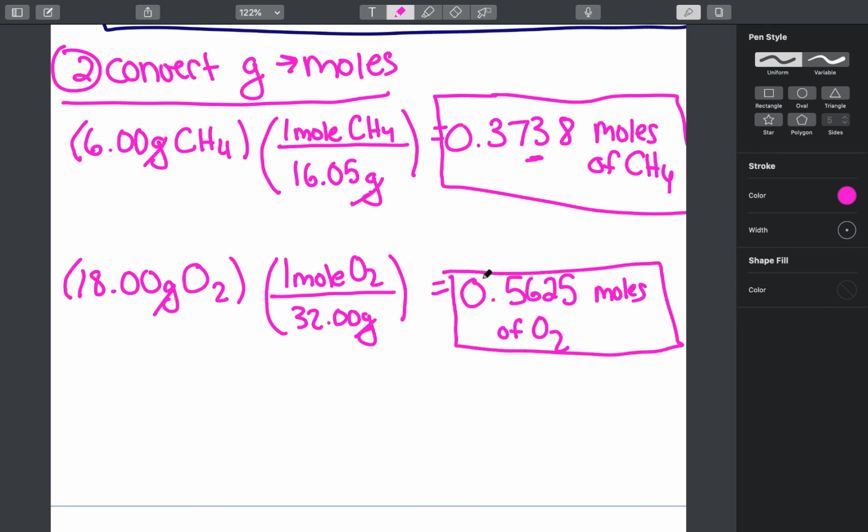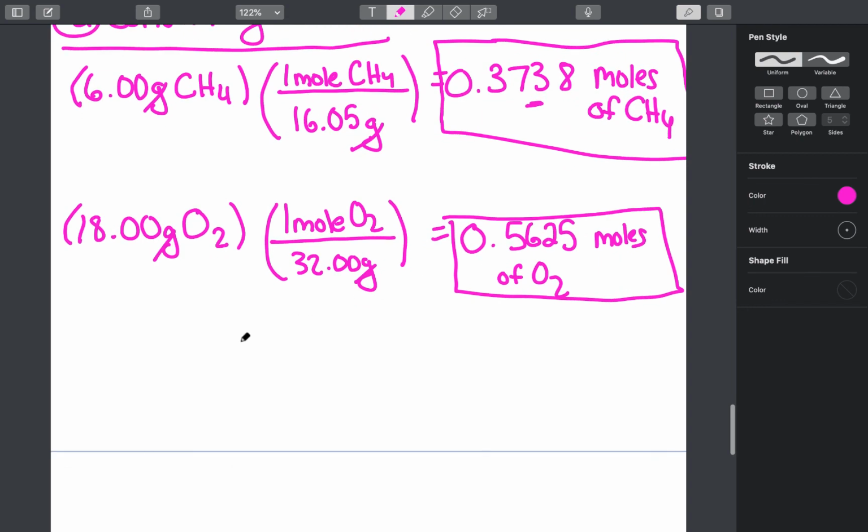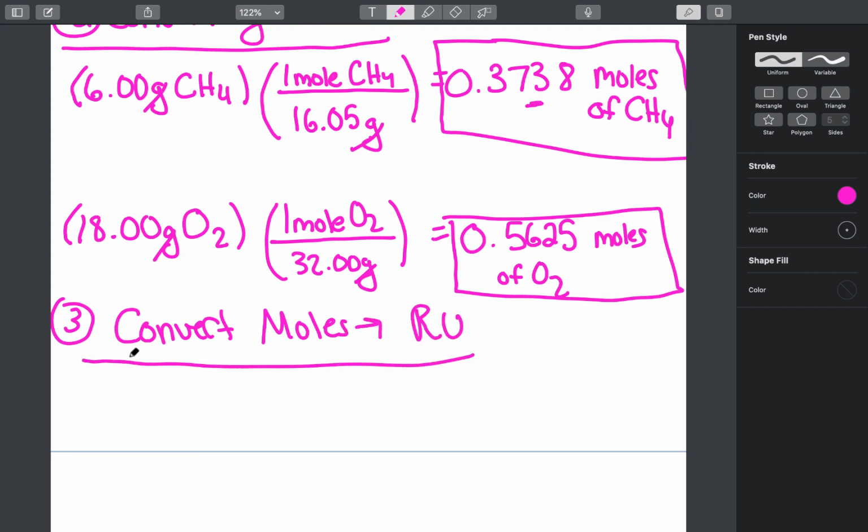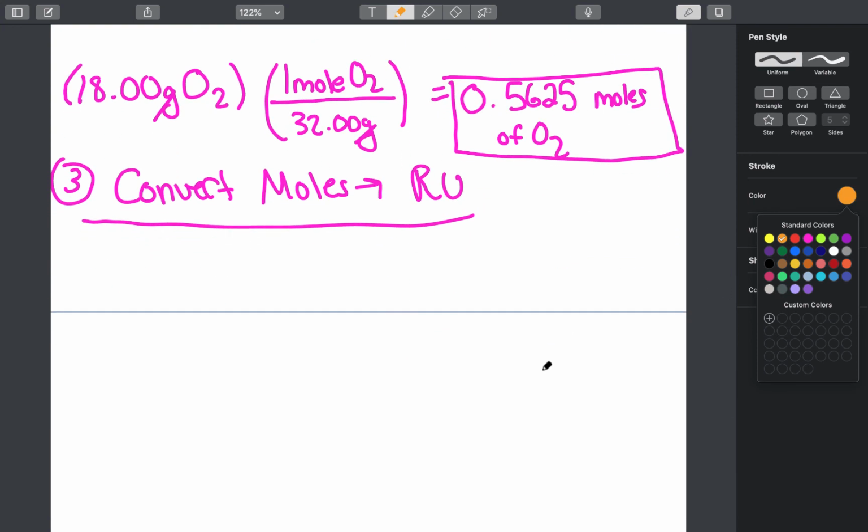Okay, then we can move on to the third step in order to solve this type of problem. The third step is to convert moles into reaction units. This is the part where we have to determine the limiting reactant, so this is the most important part of this process. Let's do methane first.